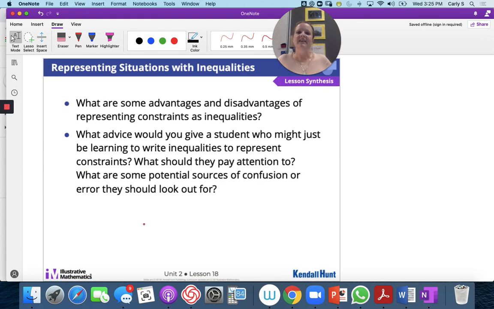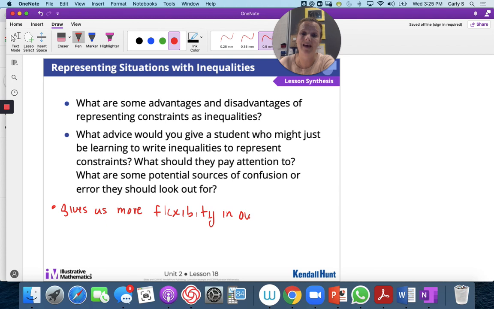So, what are some advantages and disadvantages of representing constraints as inequalities? It actually gives us more flexibility in our math. Okay, we definitely get more flexibility.